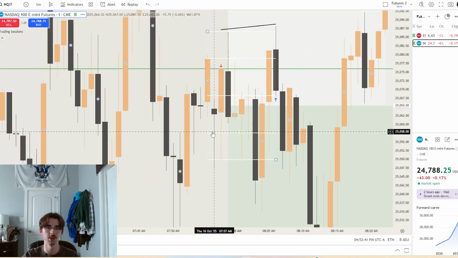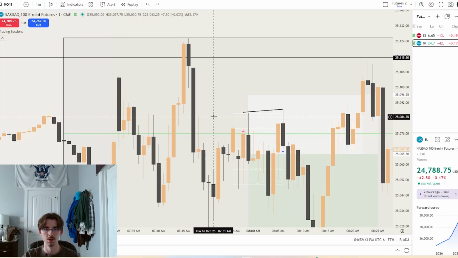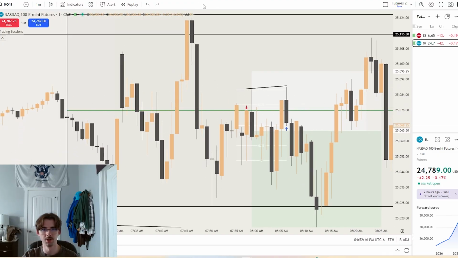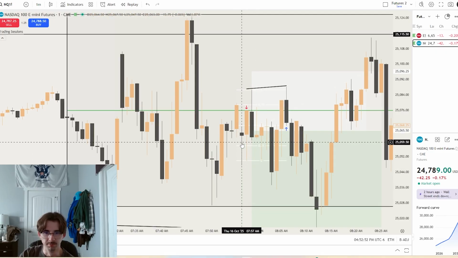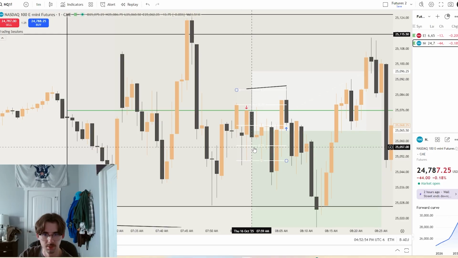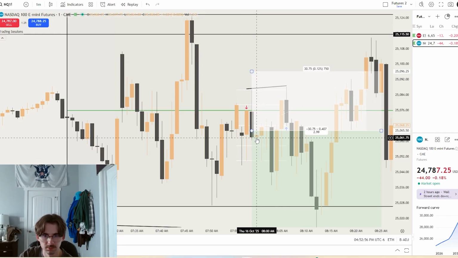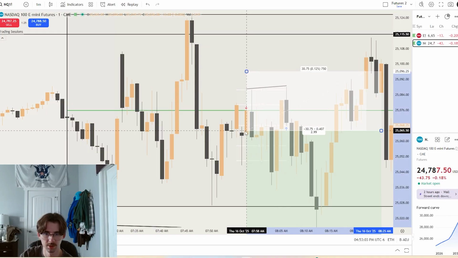So we push in to this confluence right here, and then with this candle right here, I believe is the one. Let's see. Yeah, so we break structure, and then I enter, so it really should have been like this.